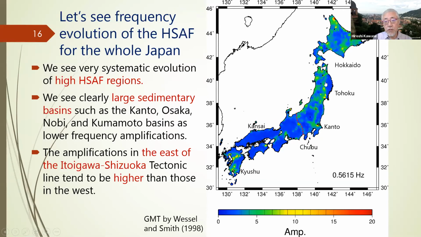And we see a systematic emergence of the basins like Kanto, Nobi, Osaka, Kumamoto, Sapporo, and Sendai. But it is also quite systematic to see amplification in high frequency in the eastern part of Japan, much higher than the western part of Japan.